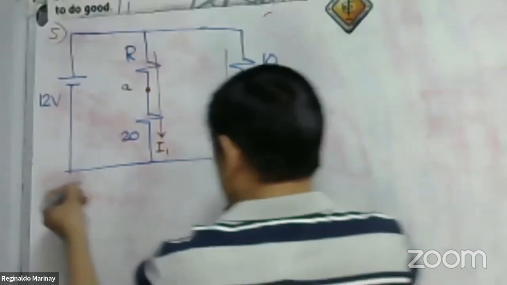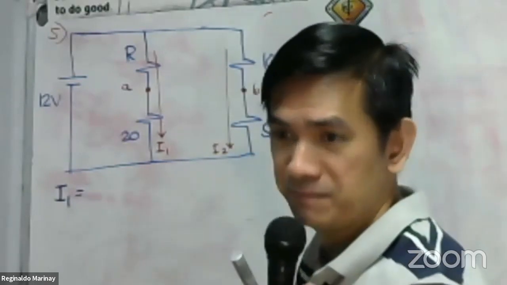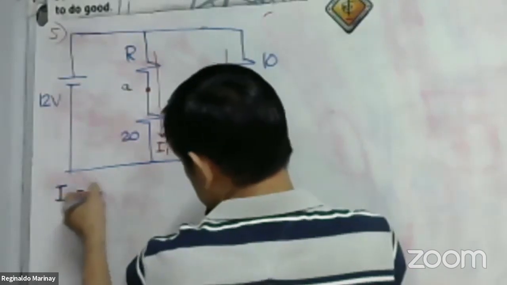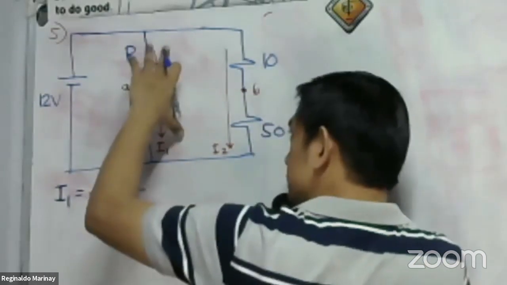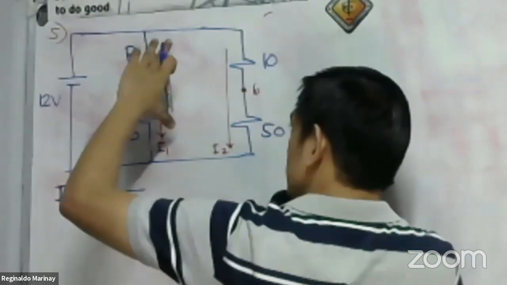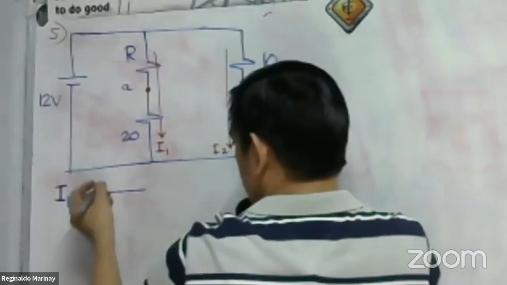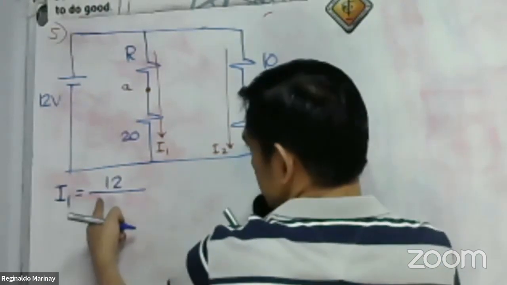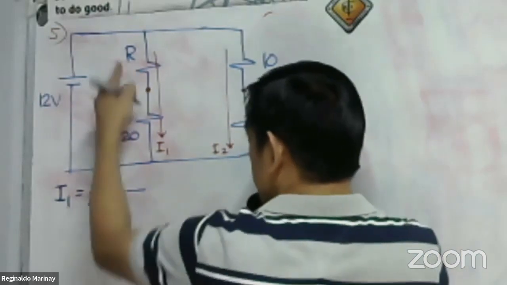What is now the equation for I sub 1 first? Please listen carefully. This is a board exam problem. So, what is I sub 1? Well, this is easy, as simple as Ohm's law. I1 simply equals, what is the voltage here? Of course, this is a purely parallel circuit. The voltage here is equal to the voltage here and equal to the voltage here. So we have here 12 volts. Ohm's law: the current is voltage over the resistance. What is the resistance? Of course, the series combination of R plus the 20.